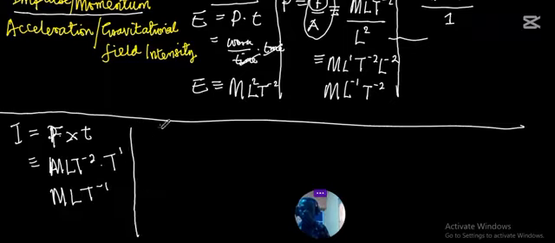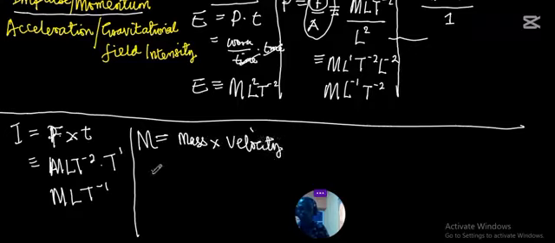Now let's go to momentum. Momentum of a body, M or you can use P, is given by the mass of that body multiplied by its speed or velocity. So momentum is equal to mass times velocity.